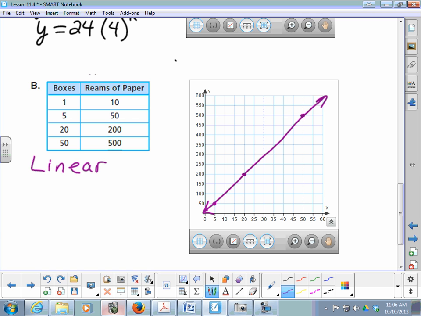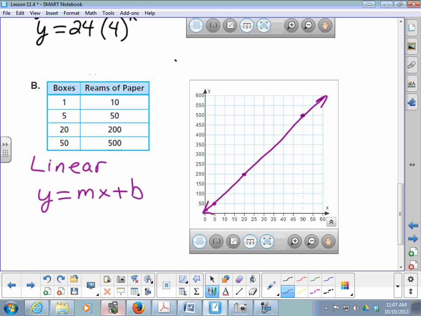So y equals mx plus b. In this case, b is our y-intercept, where it crosses the y-axis, and m is our slope.